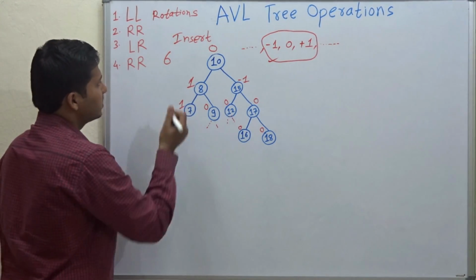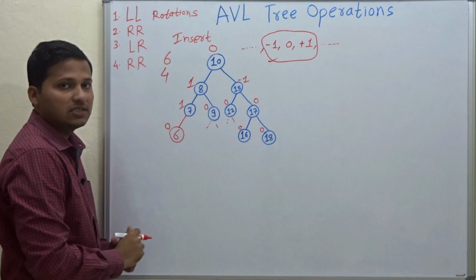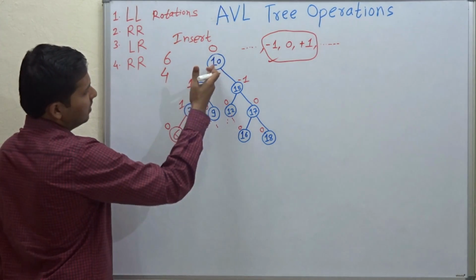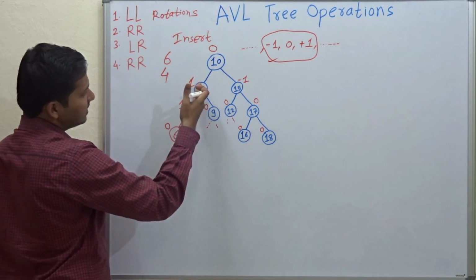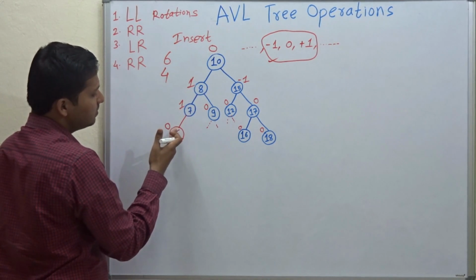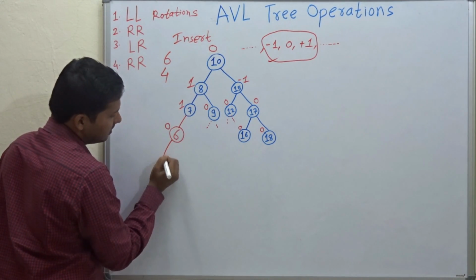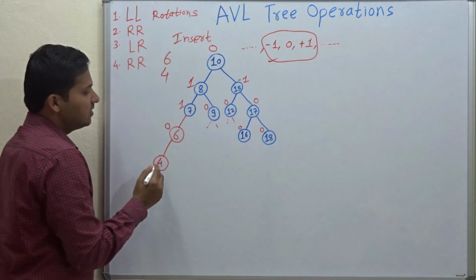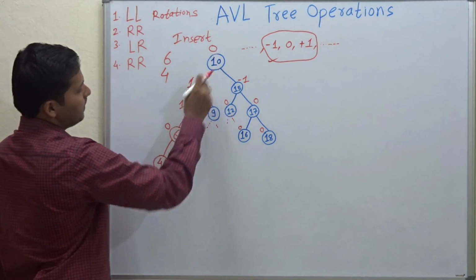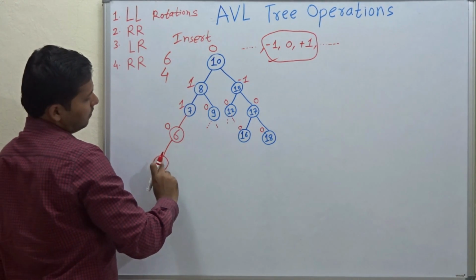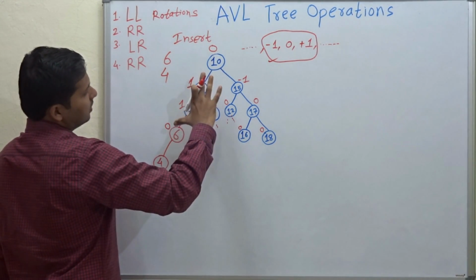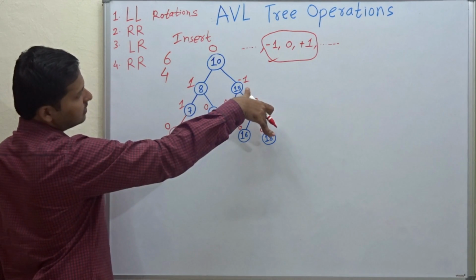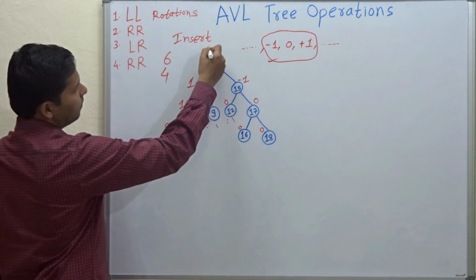Now let's insert 4 inside this binary search tree. See, 4 is less than 10, less than 8, less than 7 and less than 6. Okay, let's see the changed balance factors here. So 1, 2, 3, 4. 4 minus 3, so 1.